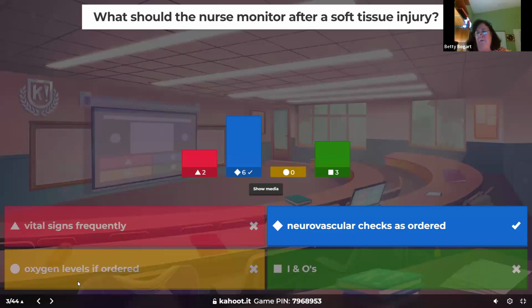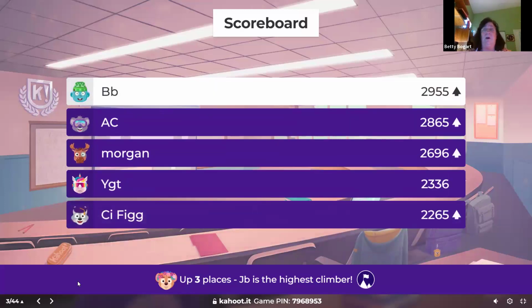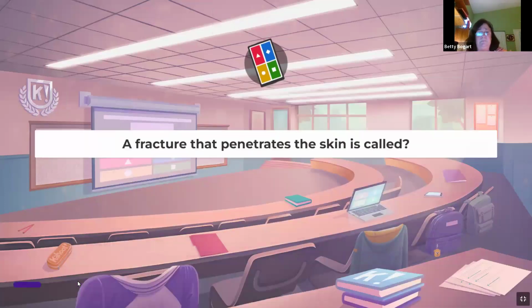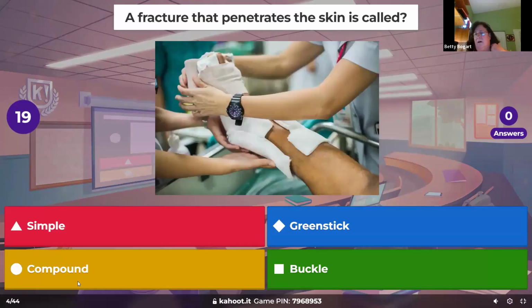It's all about neurovascular checks. Remember, if we don't check it, it could be swelling up, especially crush injuries. We can't see it from the outside, but maybe a blood vessel has been occluded and now you're not getting blood flow. It could cause death of tissue. You could lose a toe or a leg. A fracture that penetrates the skin is called.